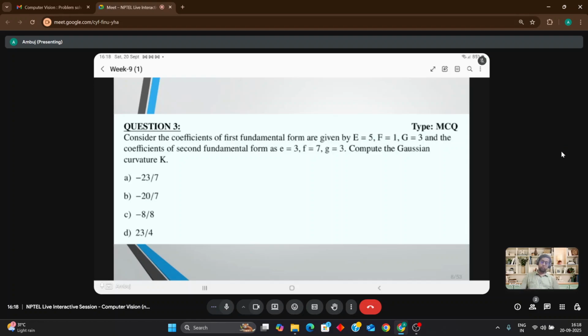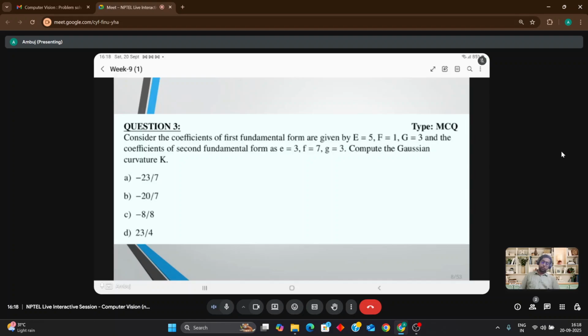Yes, I hope that you must have noted down the question. Consider the coefficients of first fundamental form are given by E equal to 5, F equal to 1, G equal to 3, and the coefficients of second fundamental form as small e equal to 3, f equal to 7, g equal to 3.